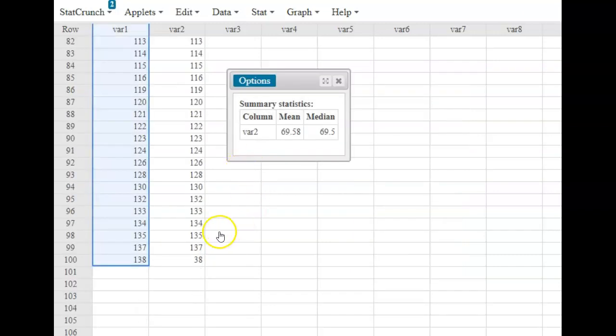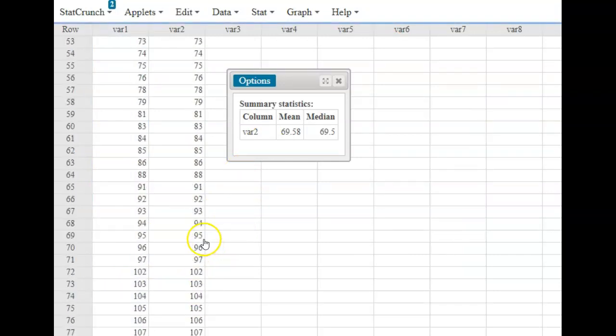It's this, okay, cool. All right, if I replace this with 38 and I put it up top here, then it's going to push down this column and shift the median, okay?